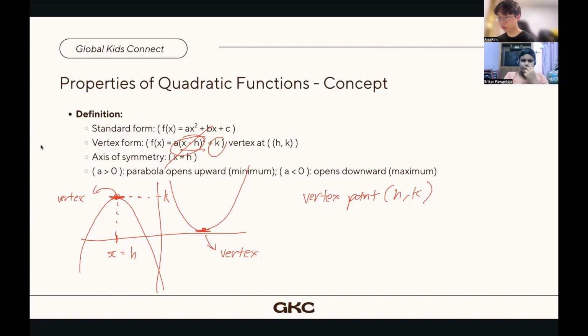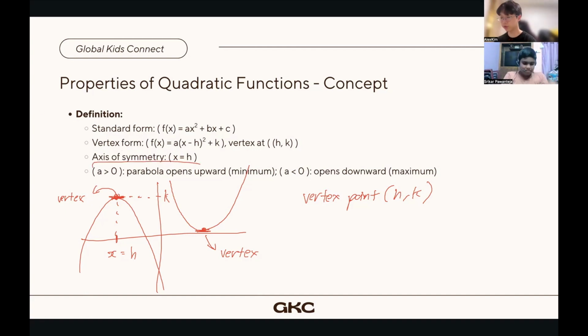Just key things to memorize. There are standard forms, and we can also re-express them in vertex form to find vertexes, depending on what the question asks you to find. Another thing is the axis of symmetry.